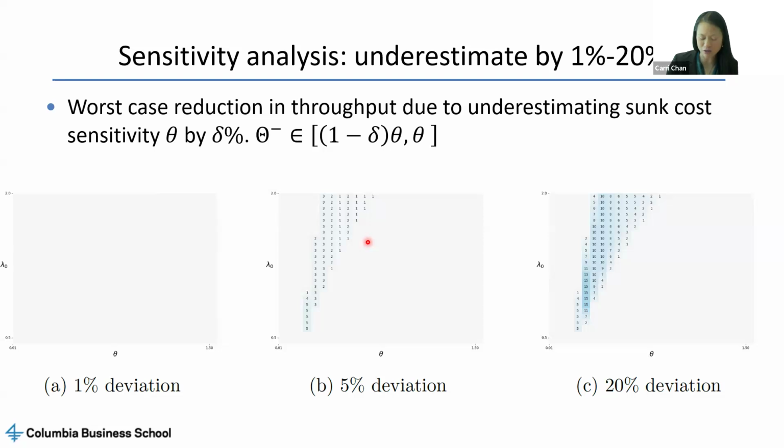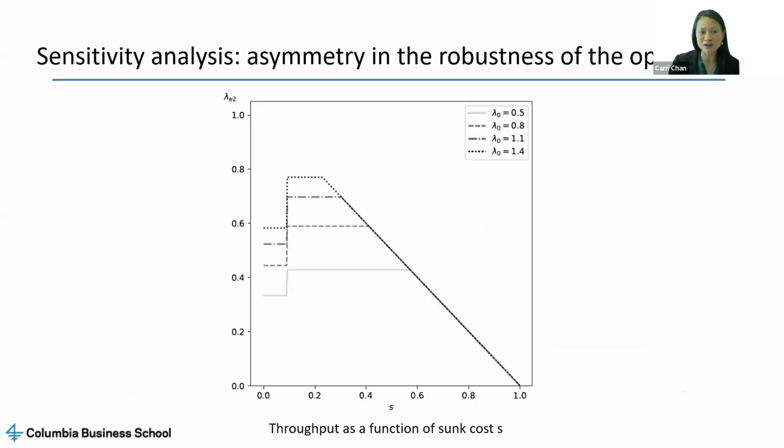It's quite small. It's on the order of a couple of percent. And even up to 20% deviation of that estimated parameter, the reduction in throughput is about 5 to 15%. So there's this big asymmetry in the impact of misestimation. And so let me give you a little bit of an intuition of why that's happening.